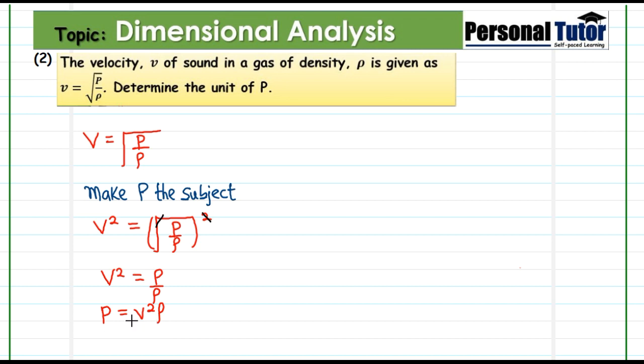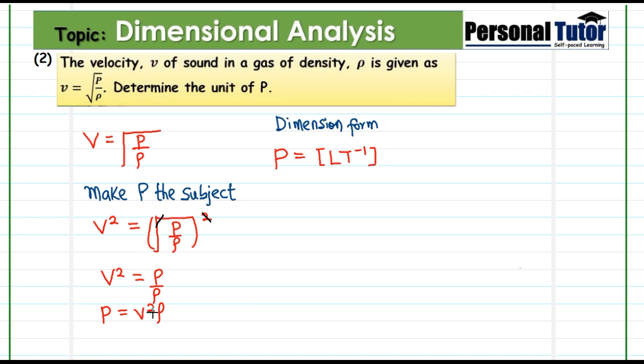From here, the only thing is, let's then write the dependent quantities in their dimensional form. Okay, so P still remains as P, but we are looking for the unit of P. But V, which is the velocity, has its dimension as L T minus 1.